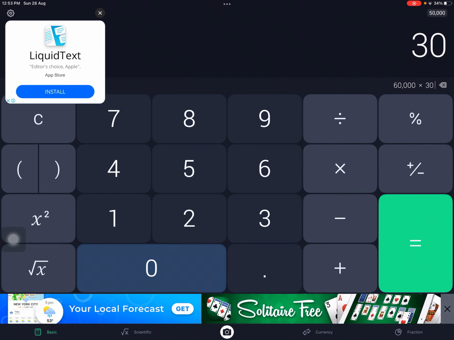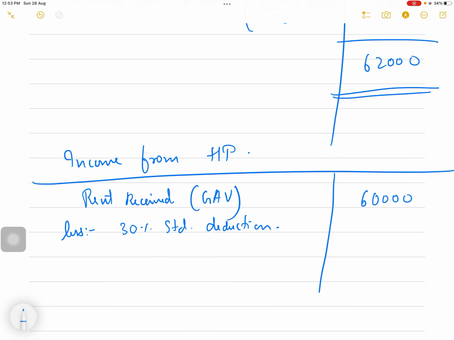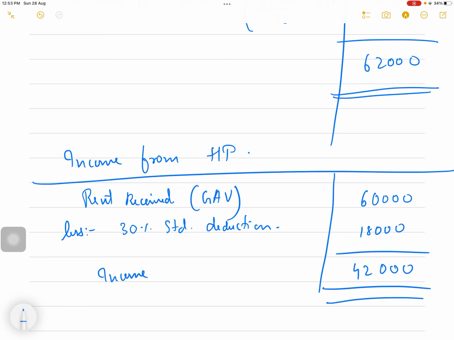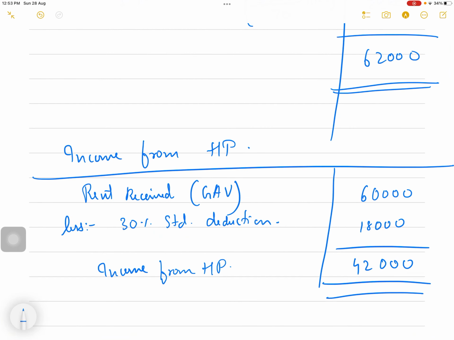So 60,000 into 30% comes to 18,000. So 18,000 is my standard deduction. So income from house property will be 42,000.